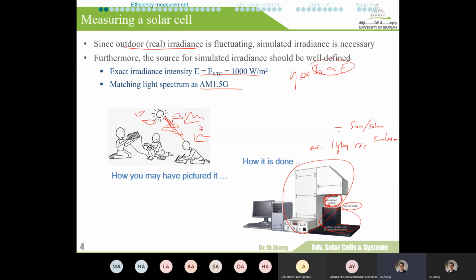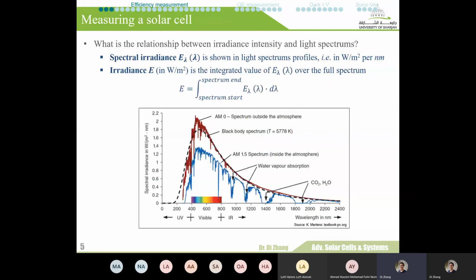That is quite important for you to know before you step into the measurement domain. We mentioned this before, the correlation between the spectral irradiance and the irradiance in solar PV, so I don't think we need to talk too much here.